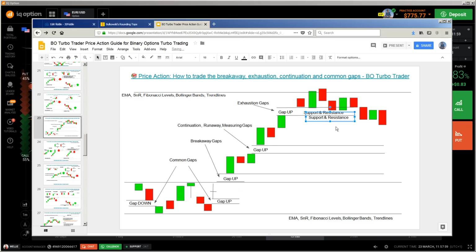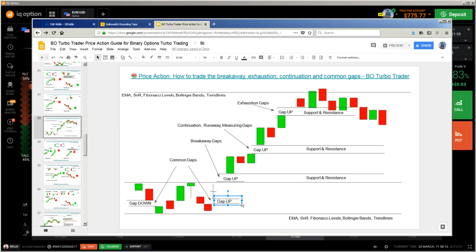Let me see if I can put this in here also. So this is also a support and resistance area, and then you can use your rejection patterns and everything else as you are used to.